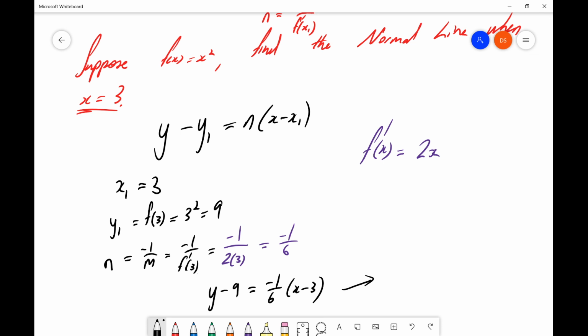And this goes to what I was saying the other day: don't unnecessarily simplify. I'm going to leave this answer like this because I think it's actually quite nice. Some of you might want to write it as y equals -1/6 times x minus 3 plus 9. That's fine. But for me, I don't need to expand and write it as fractions because it's still just as useful to me like this.